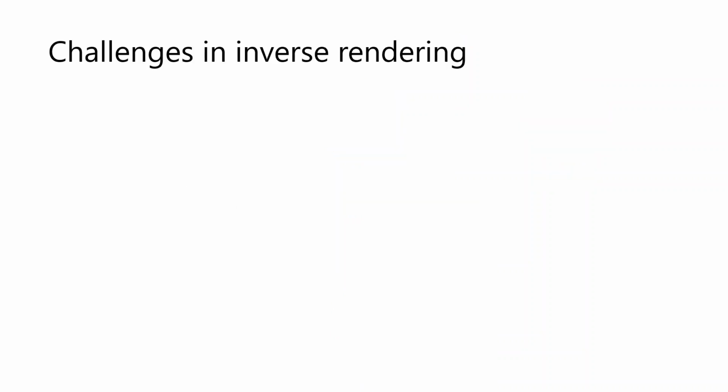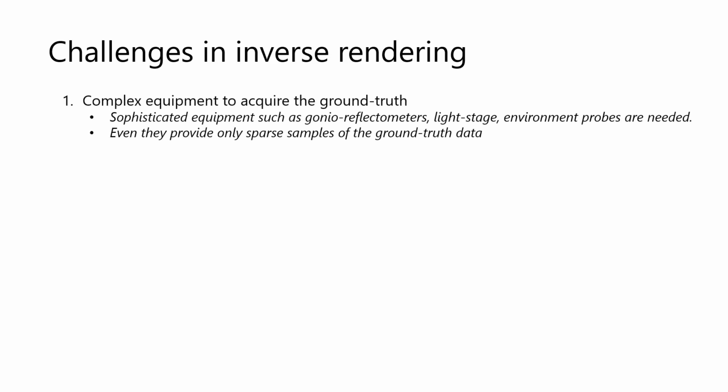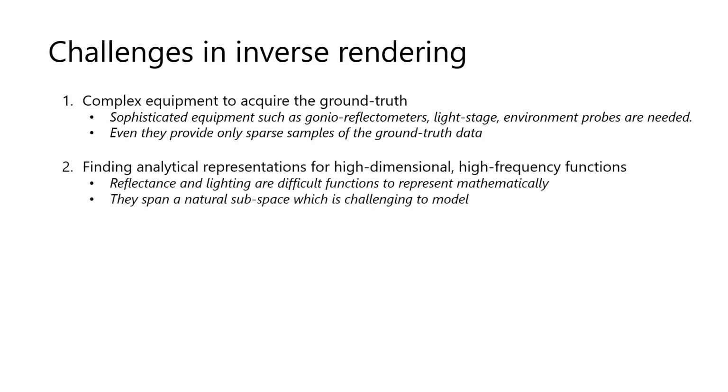The inverse rendering problem has traditionally suffered from three major issues. One is that acquiring ground truth scene reflectance or lighting requires complex equipment such as gonio-reflectometers or light stage and environment probes. And even these provide only sparse information in terms of sparse viewpoints and fixed position lighting and work only for static scenes.